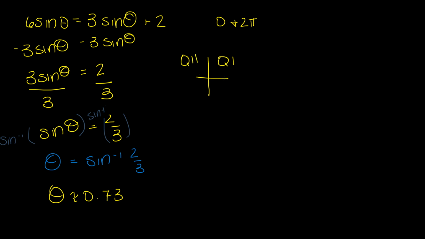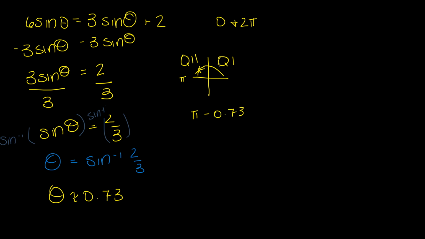So the angle we'll also have for sine will be pi minus the reference angle, which is 0.73. So pi minus 0.73.